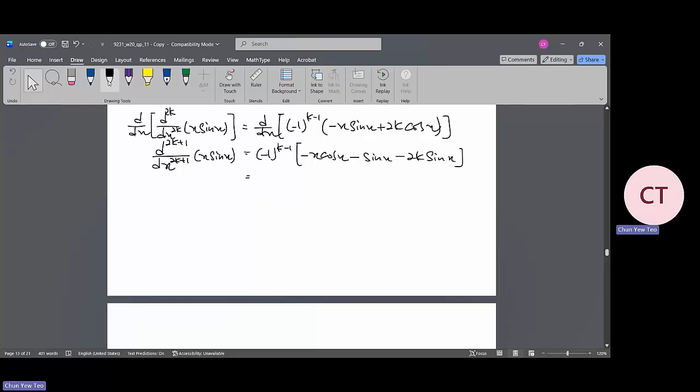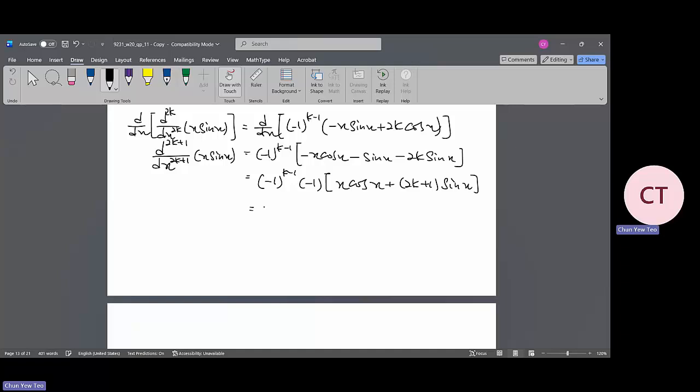You can see that this can be expressed in the form like this. Negative, we can actually factorize the negative out. Then this one, it will be x cos x plus the 2k plus 1 sine x.